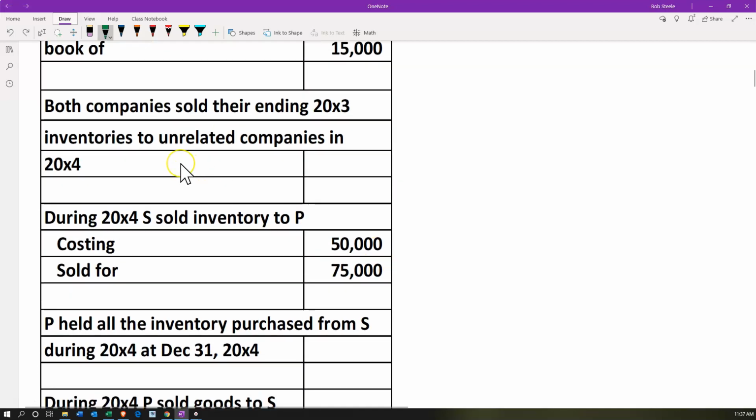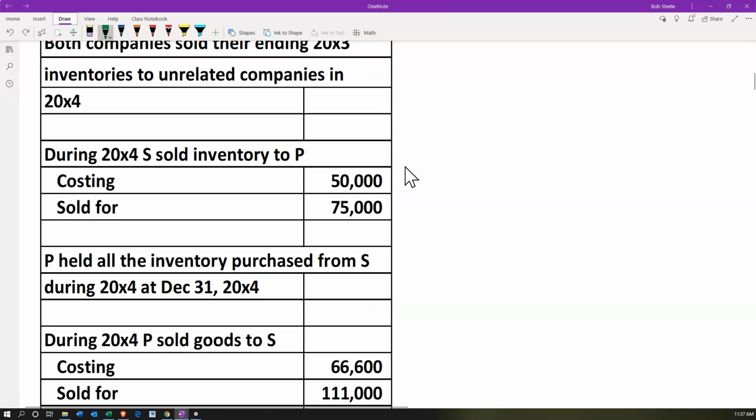Both companies sold the ending 2000 X3 inventories to unrelated companies in 2000 X4. So that's the assumption: these beginning inventories that resulted from intercompany transactions were sold in the current year that we will be consolidating, 2000 X4.